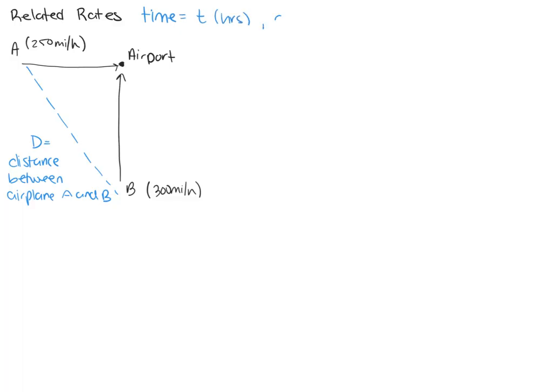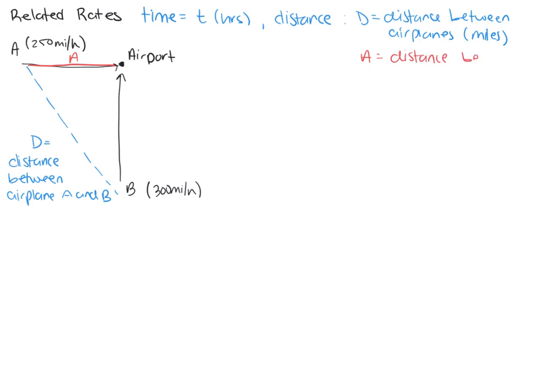What other variable do we have? We have distance. And we have lots of different distances. So we've got D, which is the distance between the two airplanes, and that's measured in miles. We also have this distance here in red, let's call that A, where A is the distance between airplane A and the airport.